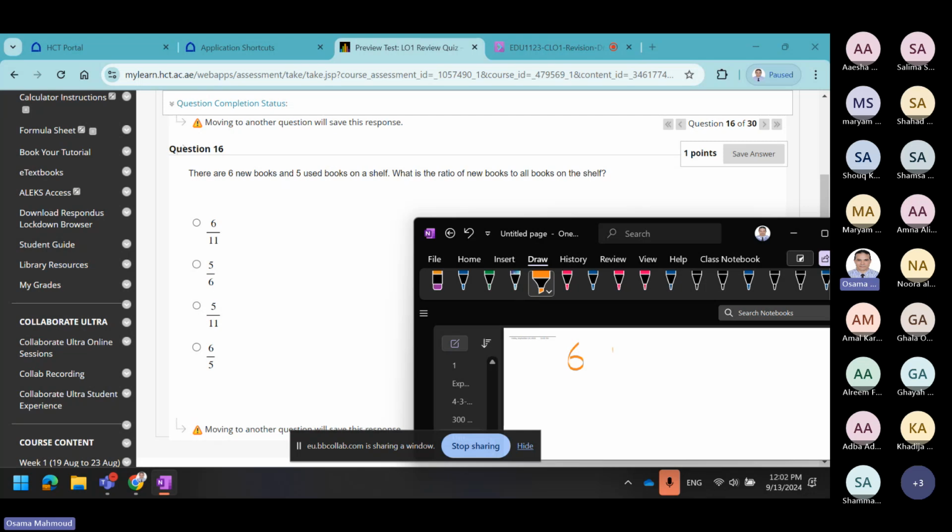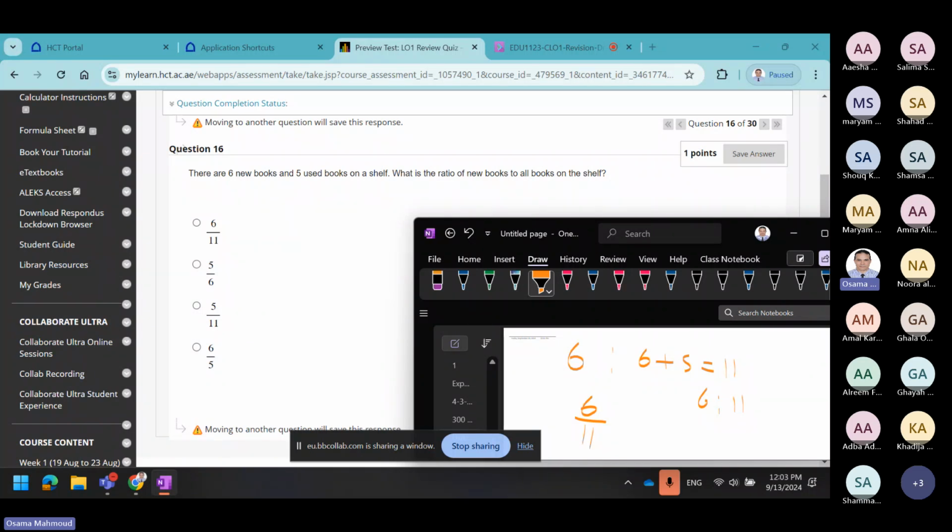You make these 2 dots, or you make this as rational values, right? In the numerator. So 6 to what? All books. How many books do I have? I have 6. All books will be 11, right? So 6 to 11. You can write it like this, or you can write it 6 to 11. Okay, so the right answer is this one.